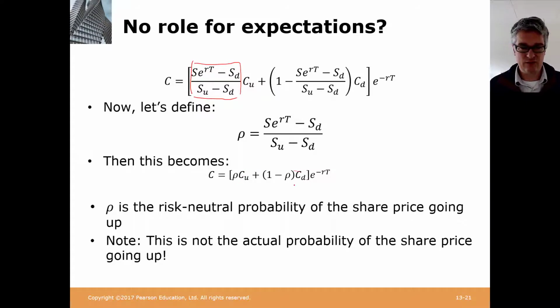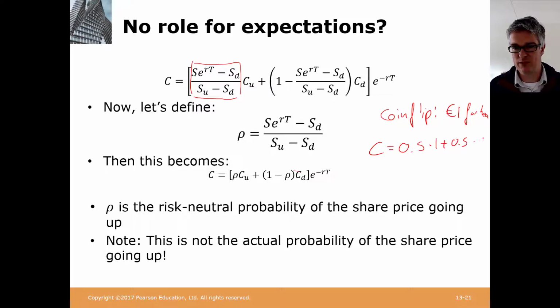So maybe you already get a sense of this, that here the C is equal to the risk neutral probability of the up price plus the risk neutral probability of a down price. So let's say normally, if I have a coin flip that pays me €1 for heads, then my payoff will be 0.5, so probability of heads times 1 plus 0.5 probability of tails times 0.